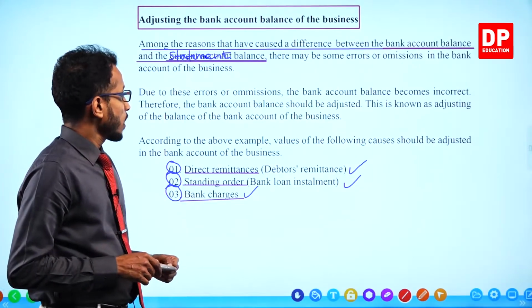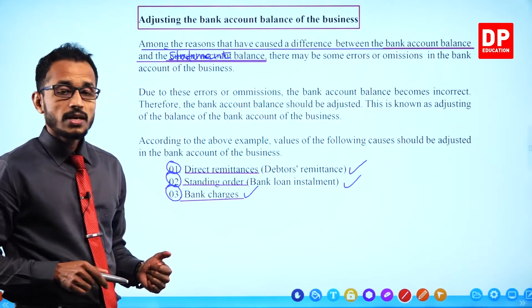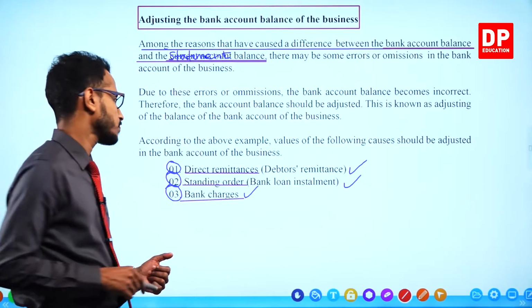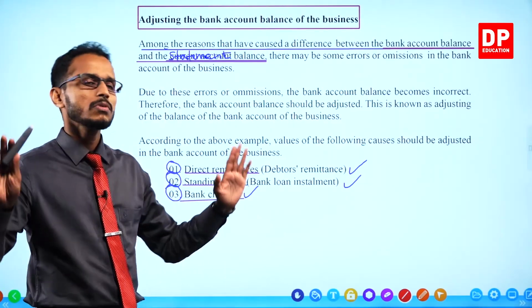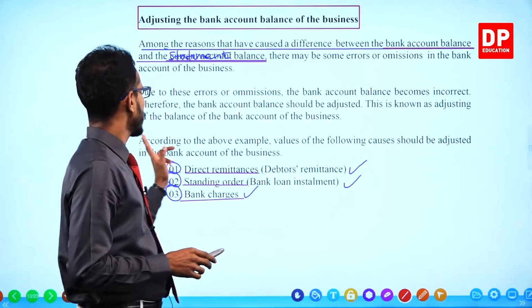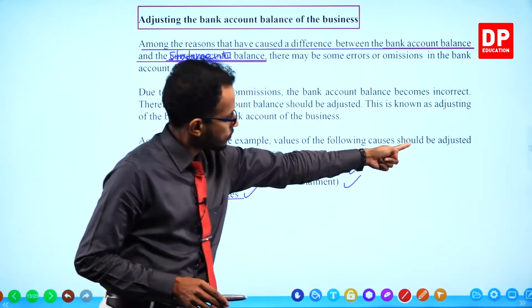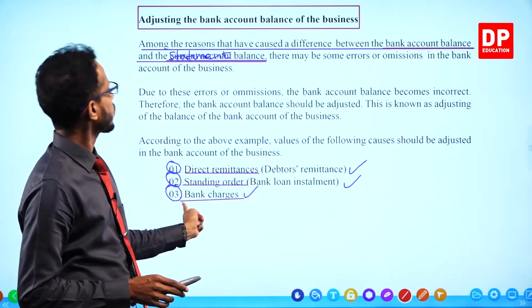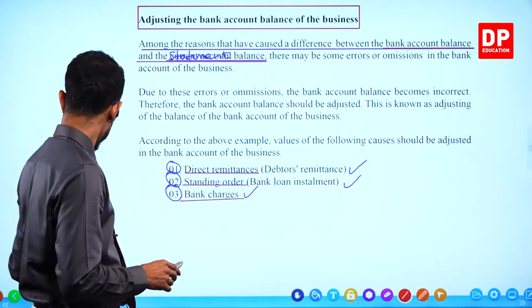We are going to enter them into the adjusted bank book. Some say updated bank book, some say adjusted bank book or bank account. It doesn't matter. Right, we are done with this. Let's move on.